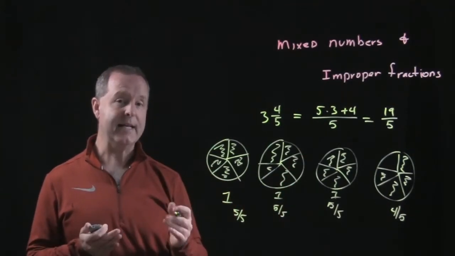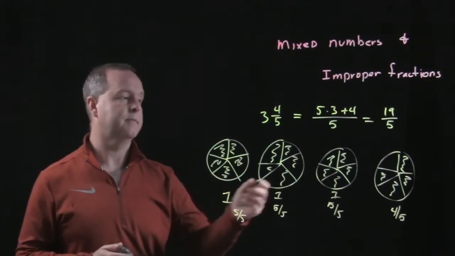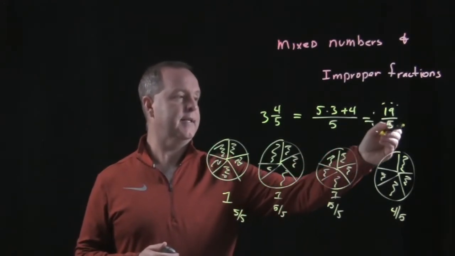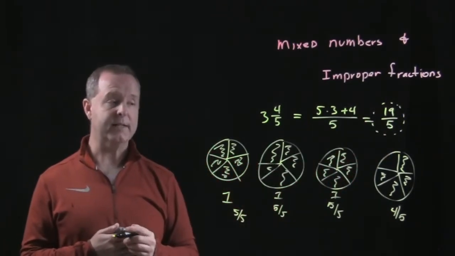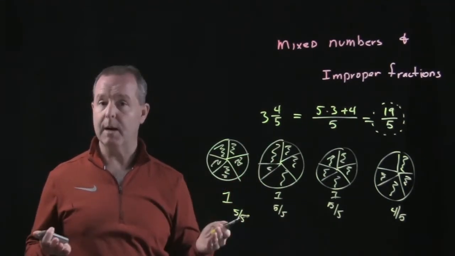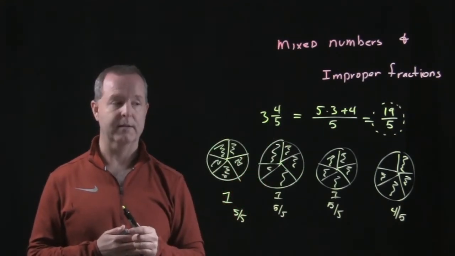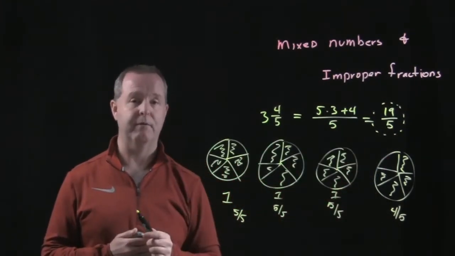I have 19 total pieces, all that were divided into fifths, which gives me that 19/5. So visually what's happening is this 3 represents the number of whole parts. So I have 3 whole parts plus 1 partial part, which gives me my total improper fraction.